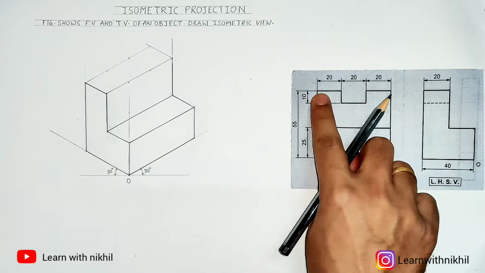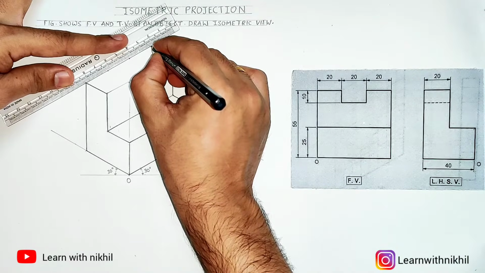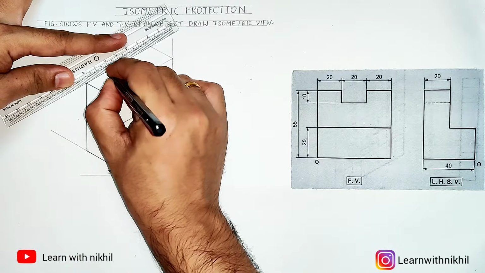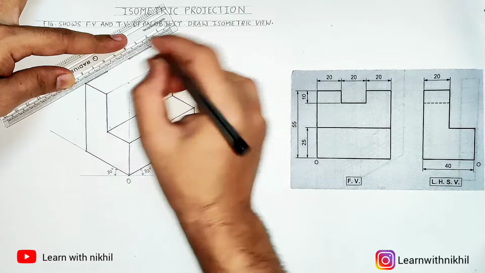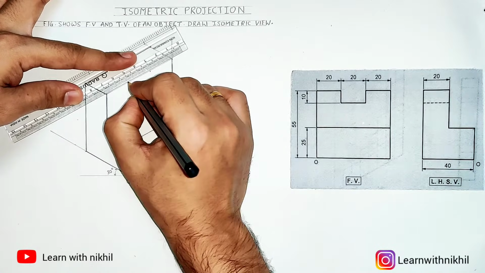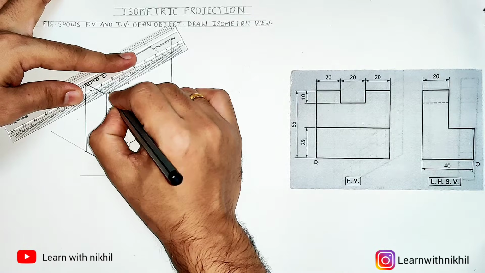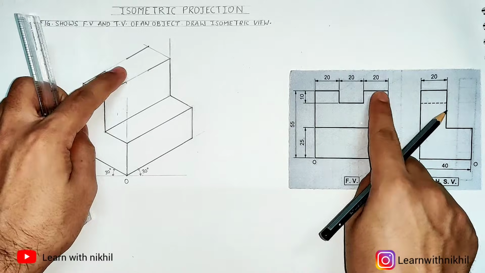So we have a gap at the center, and the other two are dark, so we will draw those as dark. We will not draw at the center. At center there is a gap, or there is a depth of height 10 which is given in the front view.